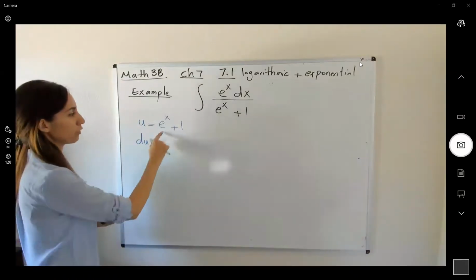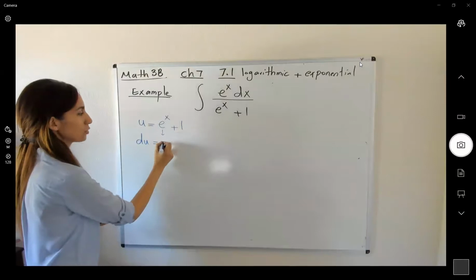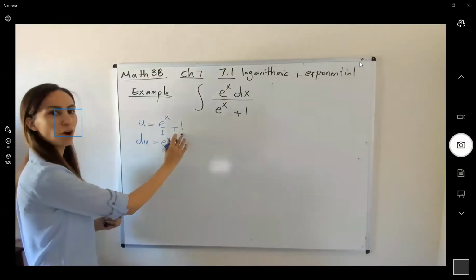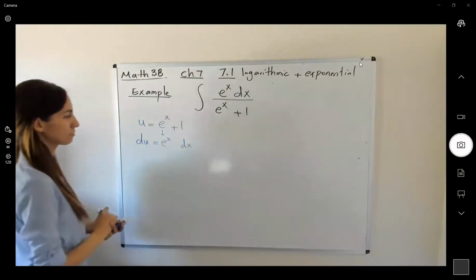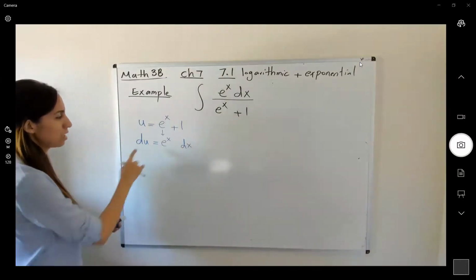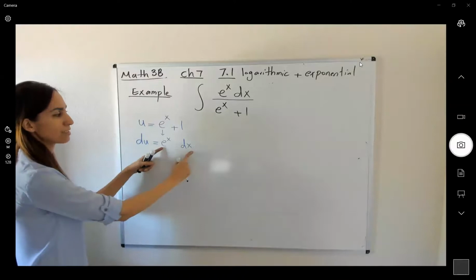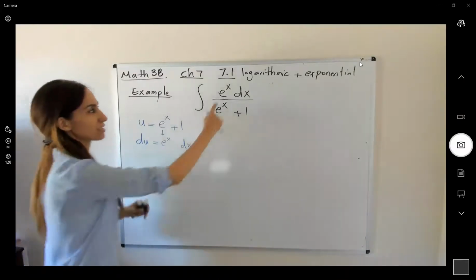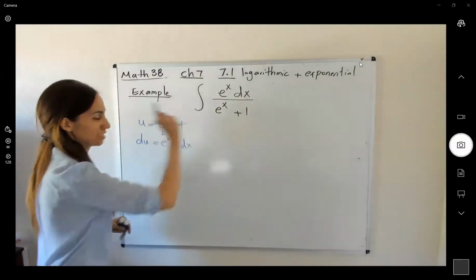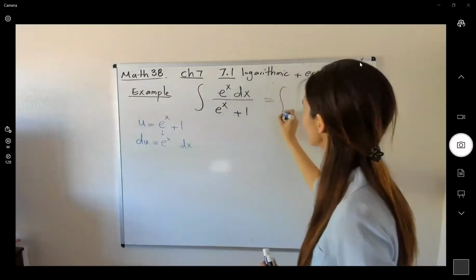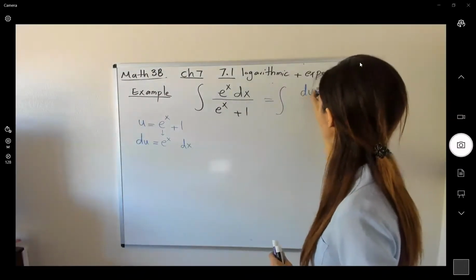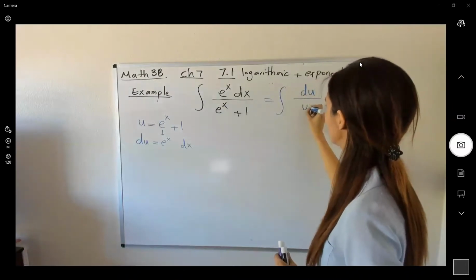The derivative of e to the x is equal to e to the x, and the derivative of 1 is 0, dx. Okay, I have e to the x times dx, which is here. So I can rewrite this integral as du divided by u.